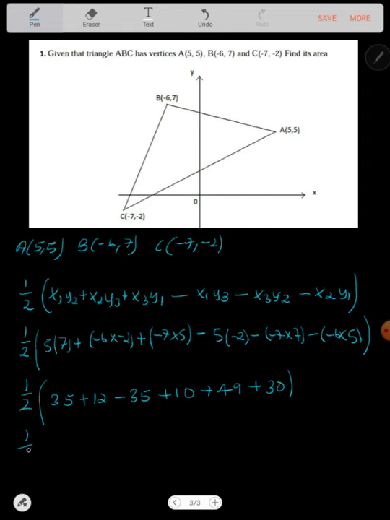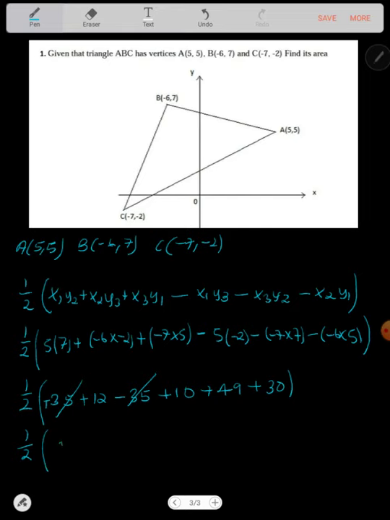So this is 1 over 2. You can see that this and this will cancel each other because this is positive, this is negative. So I'm going to remain with 12. 12 plus 10, you get 22. So 22, you add 49 plus 30.